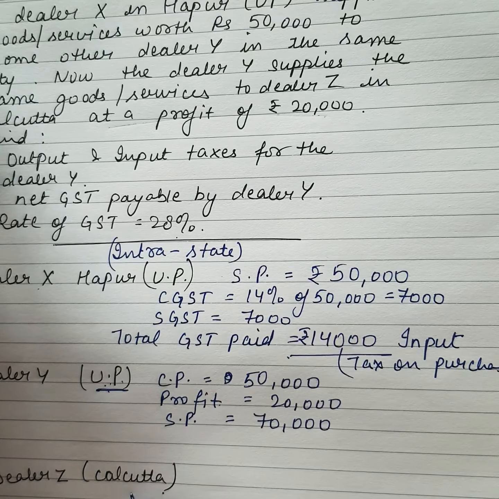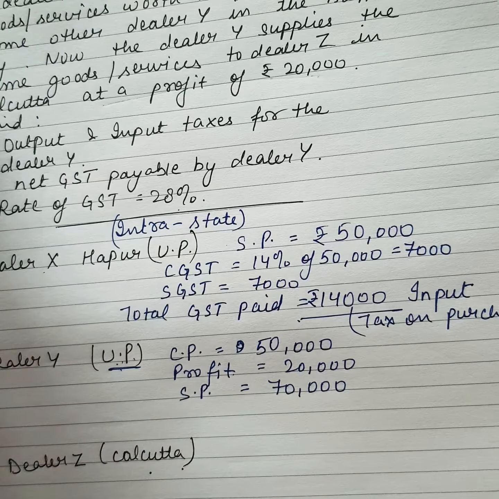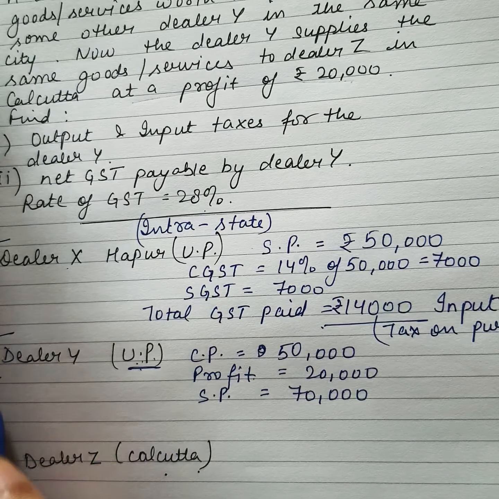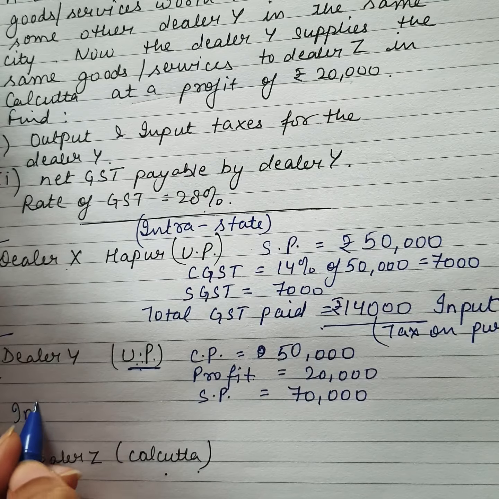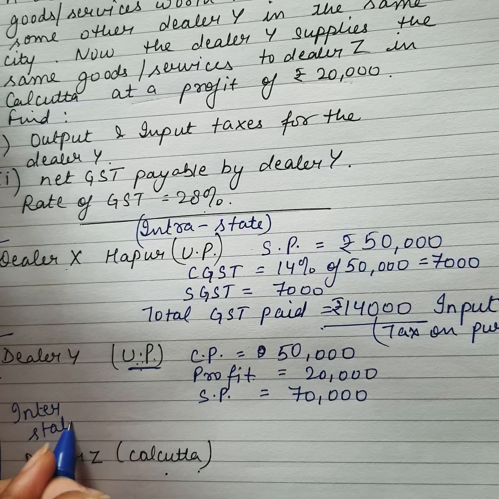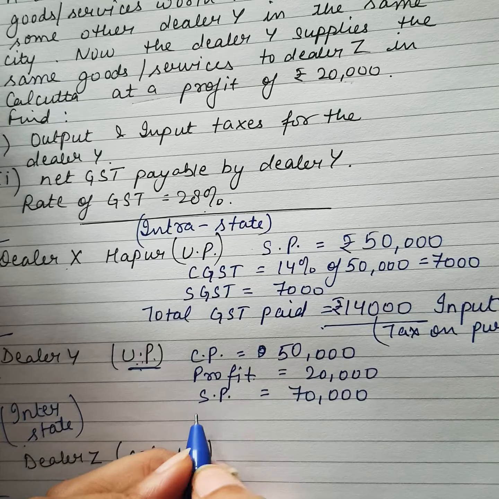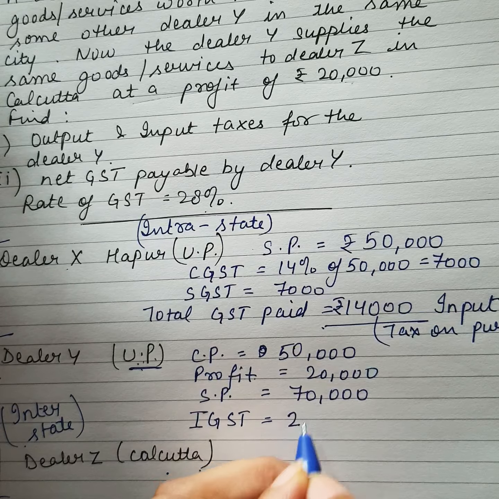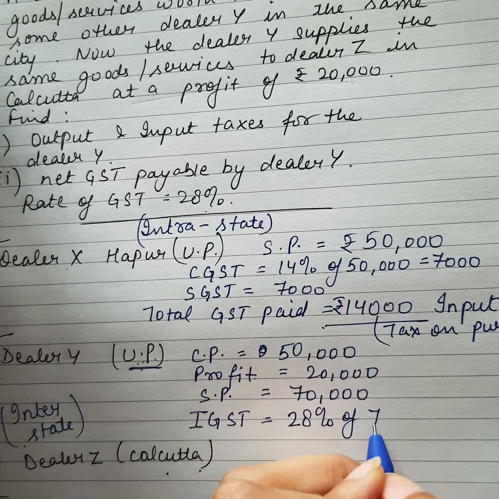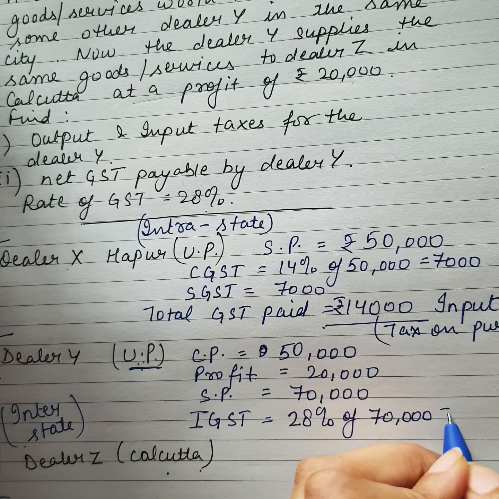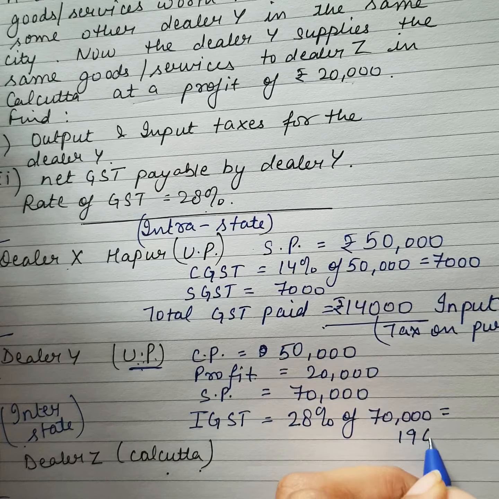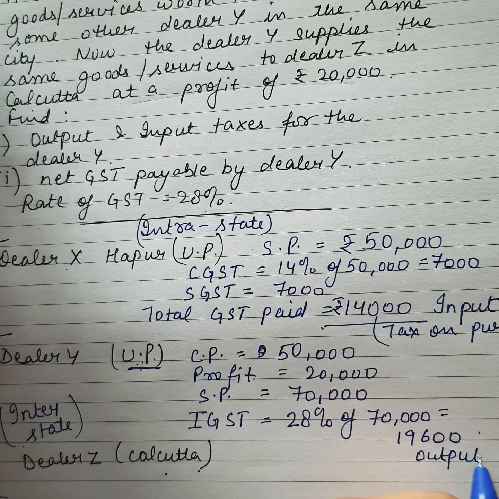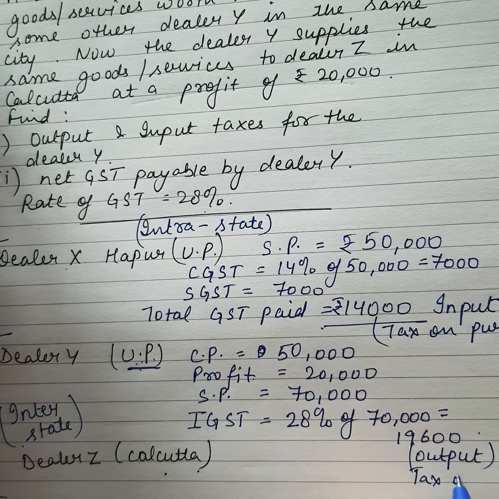And since UP to Calcutta, dealer Z, they are two different states, dealer Y to Z is a case of interstate transaction. So at this stage, IGST will be applicable. 28% of SP 70,000. So the value is 19,600. So this is the output, the tax on sale.